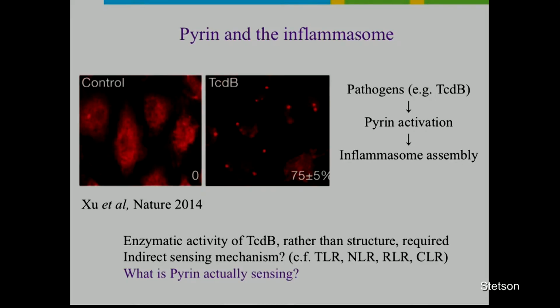So this implies that pyrin is a pathogen sensor, but not in the same terms of, say, a TLR or an NLR, which are directly binding bacterial products. But it can somehow sense that there's a pathogen. It just doesn't seem to be acting in a direct mechanism. But really, the idea of what pyrin is actually sensing has been quite elusive.